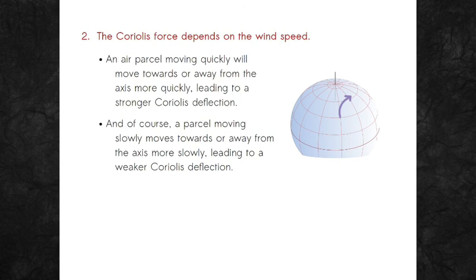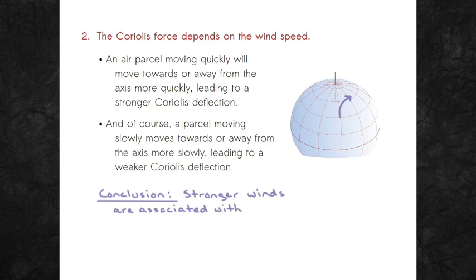So the conclusion here is that a stronger wind will be associated with a stronger Coriolis force, a stronger bending of the path. So stronger winds are associated with a stronger Coriolis force.